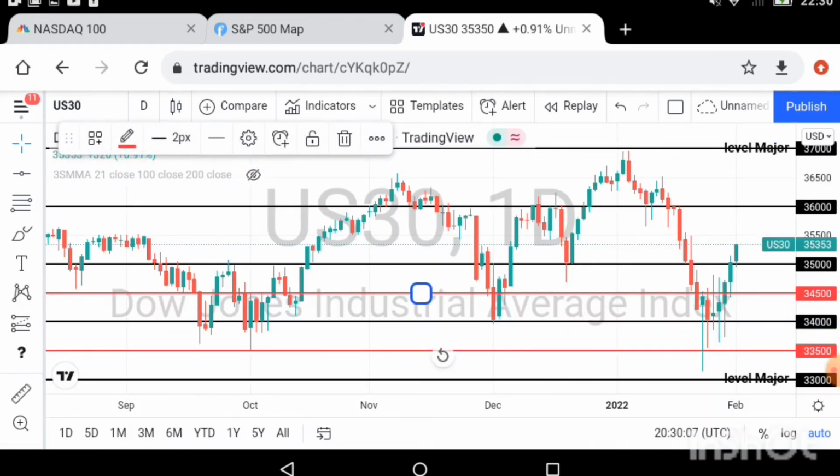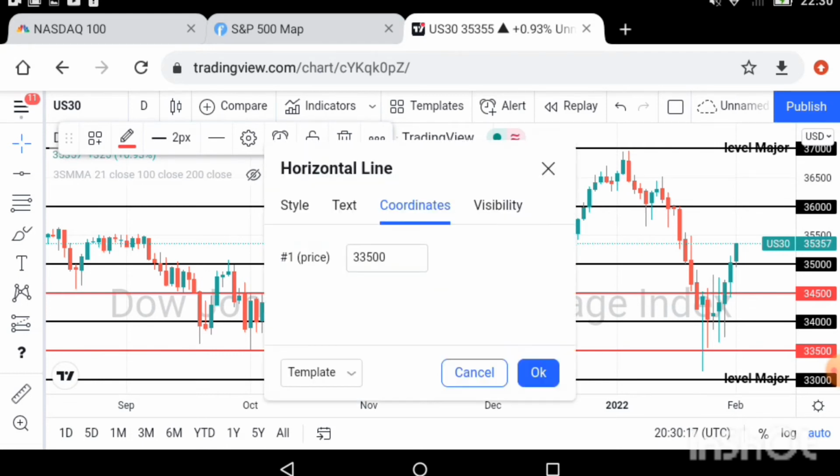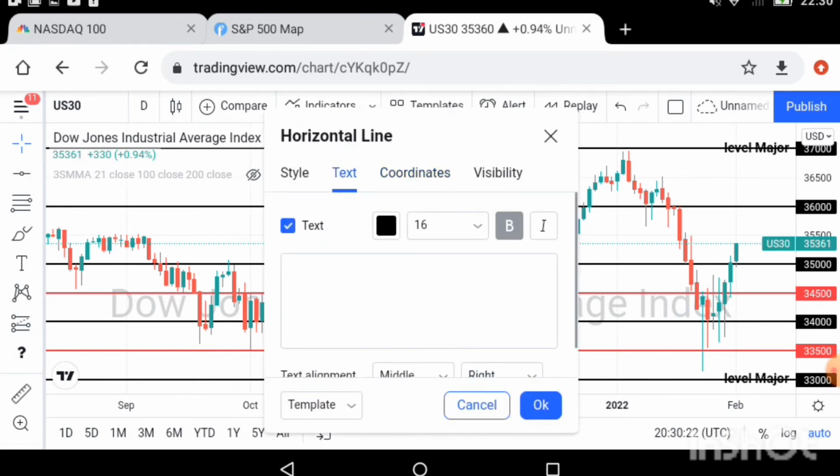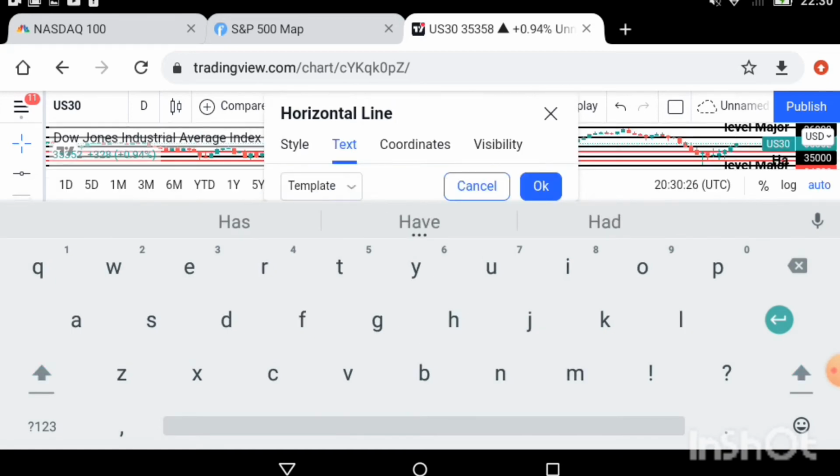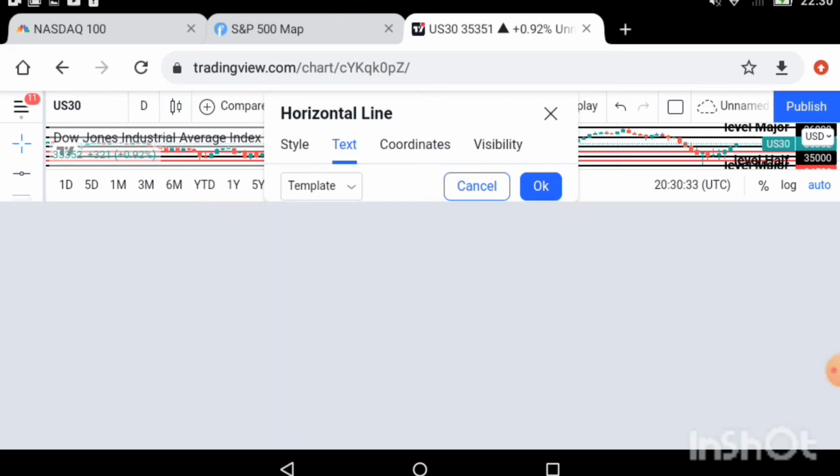Let me mark them as halves. These are the halves of the major levels. Obviously I will understand, but I don't want to mark them all. I just want to mark the bottom one and the top one. Just going to mark them half levels.